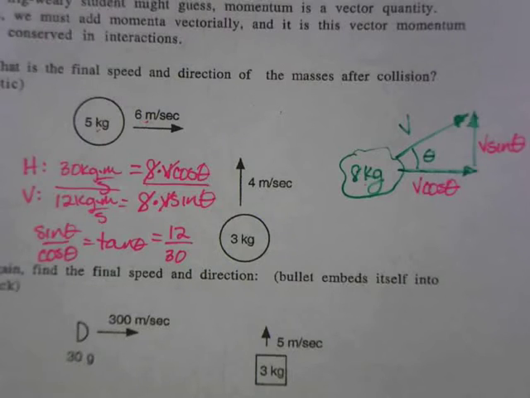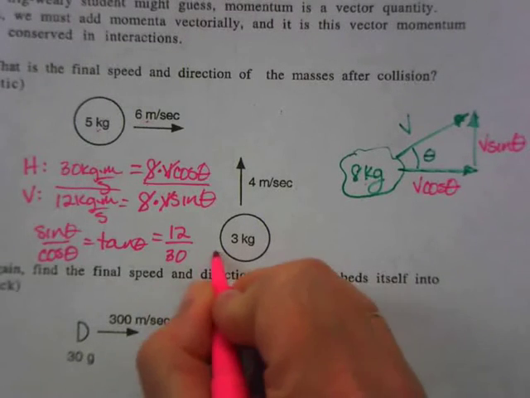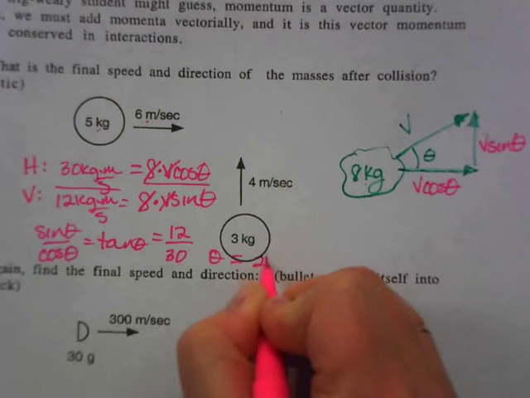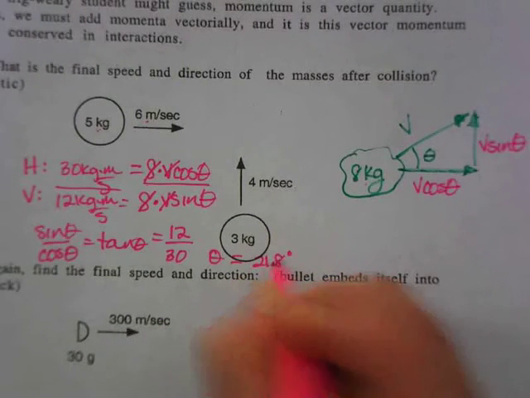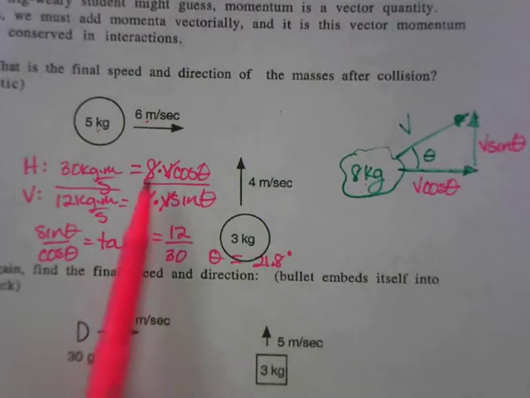First, get about 22 degrees, 21.8 degrees, keeping an extra sig fig around for now.